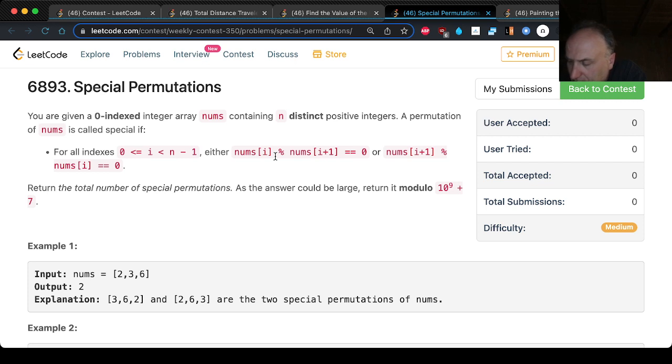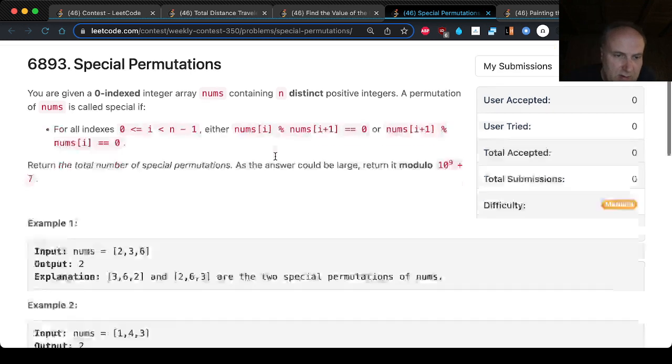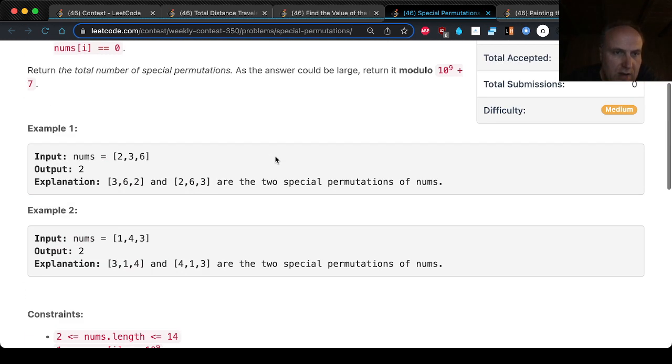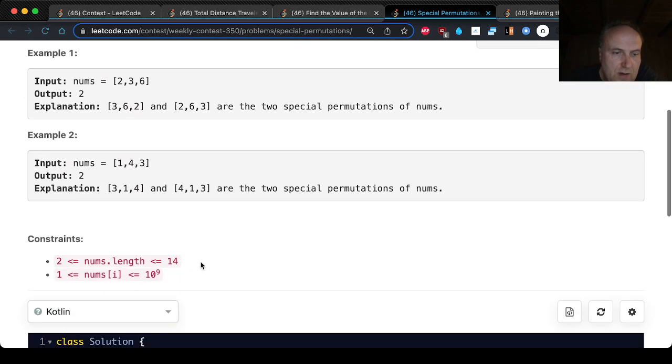And then it can be like a graph, kind of like, I create a hash map to know all the, oh, how many numbers do we have here? nums length. So we have between 2 and 14.